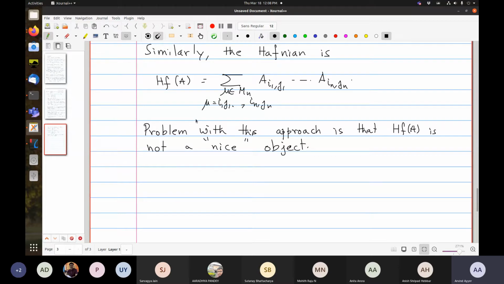It's the same kind of problem with the permanent, if you know what that is. These are simply not nice objects in that sense. So if you want to prove anything as the size goes to infinity, the determinant is a much nicer object to work with, and so is the Pfaffian.